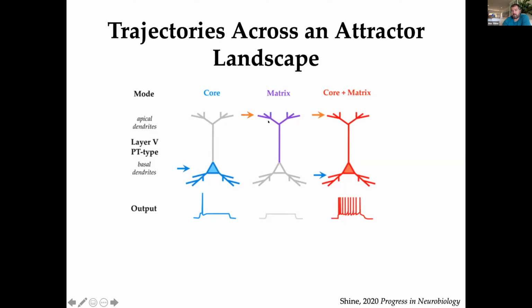If you get feedback to the matrix thalamic inputs, but no input to the basal dendrites, it turns out that those feedbacks often get lost into the ether. And the reason for that, I haven't drawn that in this diagram here, is that there's a little leak channel sitting on the stalk of these layer 5 pyramidal cells, which is called an HCN channel.